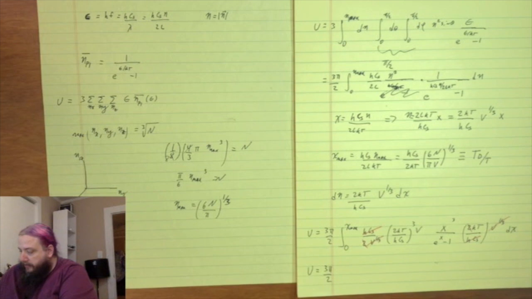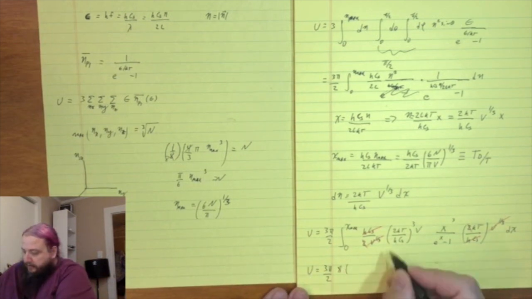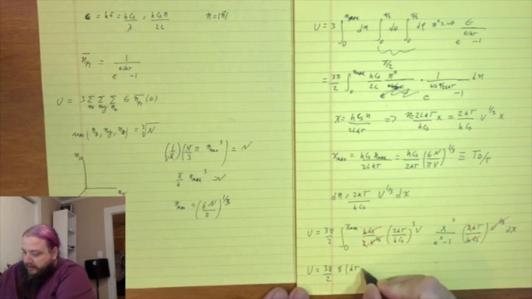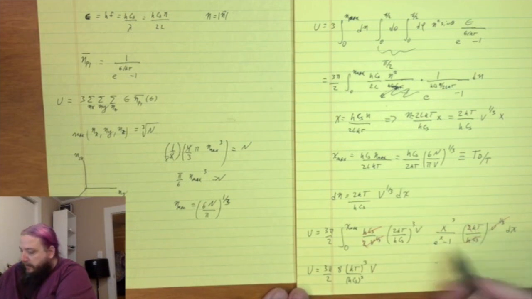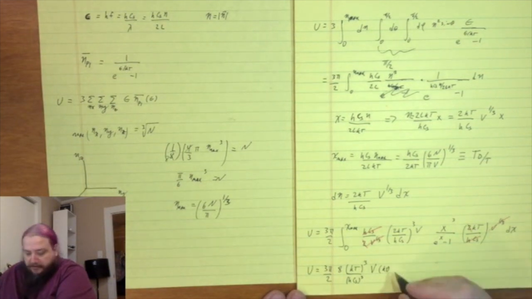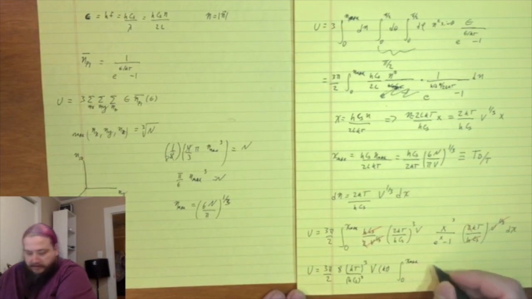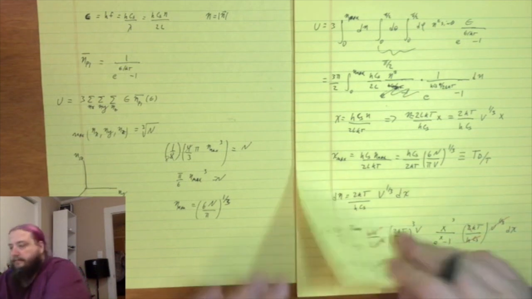But now we can pull out 2 cubed, or 8, times kT cubed over Planck's constant times the sound speed cubed times the volume. And then there's an extra kT from the dn term, and the integral from 0 to x max of x cubed over e to the x minus 1 dx.